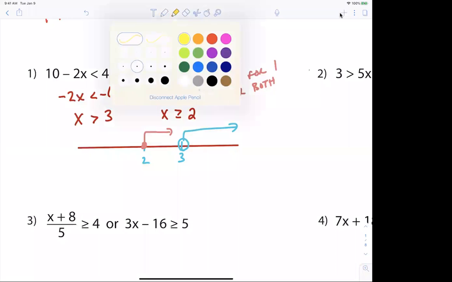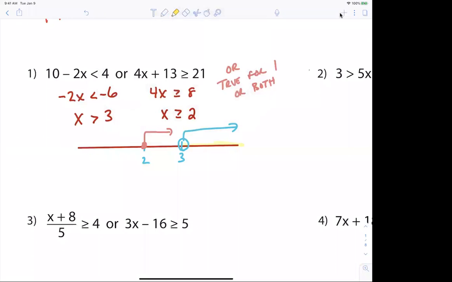It's easy to see that these numbers over here are greater than 3, and all of these numbers are greater than 2. If you recall, it only has to be true for one of the statements. So the correct answer is everything greater than or equal to 2.